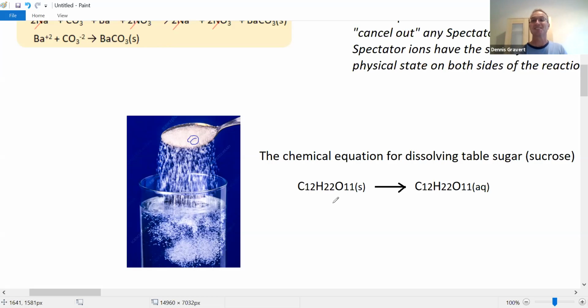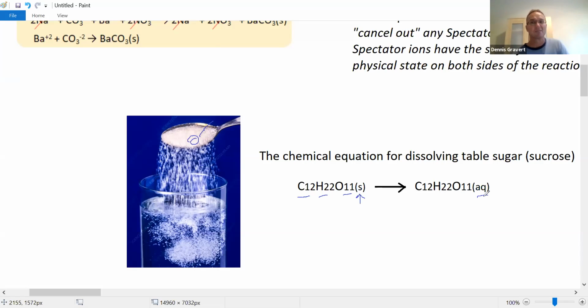That one sugar molecule, the sucrose molecule, has 12 carbons, 22 hydrogens, and 11 oxygens, existing as a solid in dry form on the spoon here. And then once you stir it and give it some time, each individual molecule unsticks from the crystal lattice and swims around the water. This kind of diffuses about, and now it's aqueous.